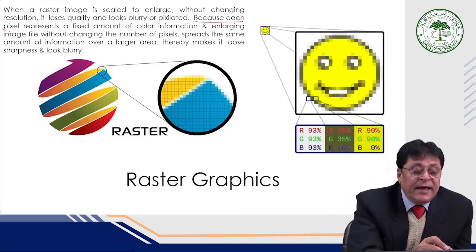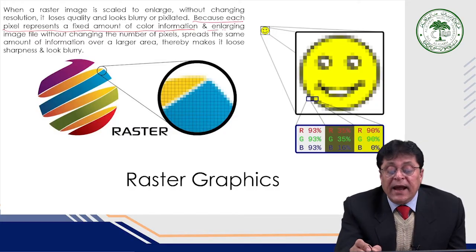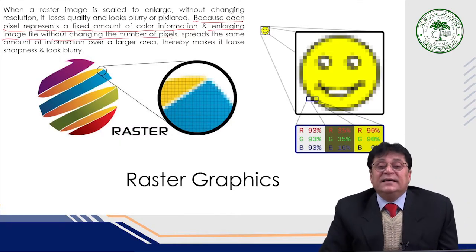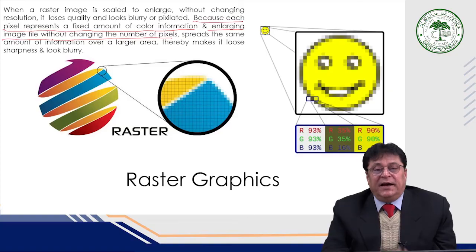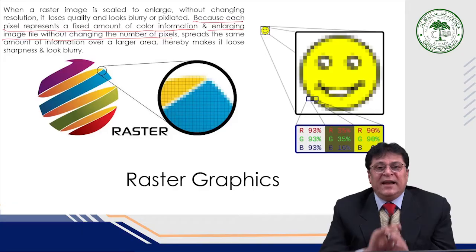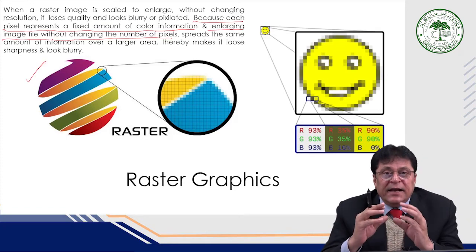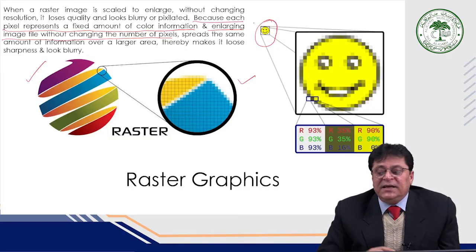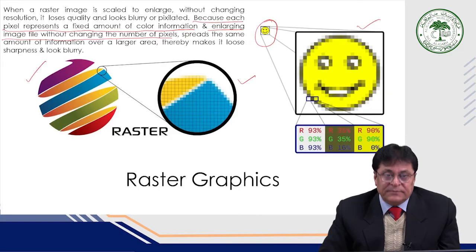It happens because each pixel represents a fixed amount of data or colored information, and enlarging this image file without changing the number of pixels, it spreads the same amount of information over a larger area, and thereby it loses its sharpness and looks blurry. As you can see, when this image is enlarged, it looks like this, or when this emoji is enlarged, it looks like this if it is a raster image.